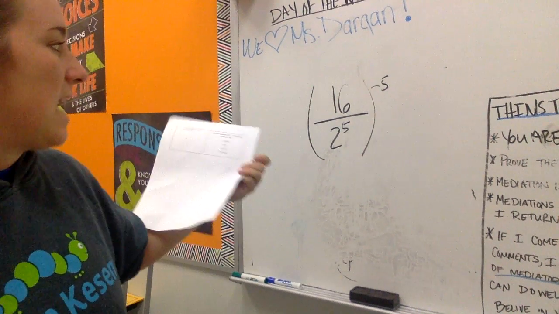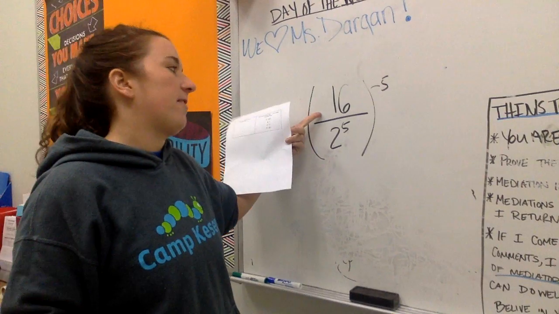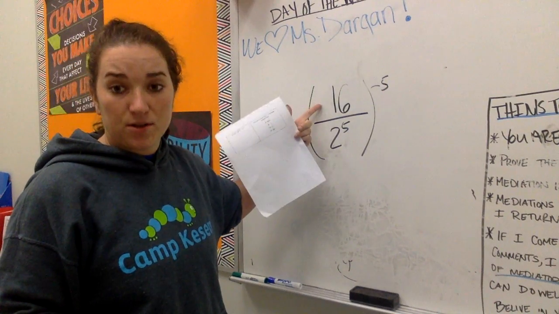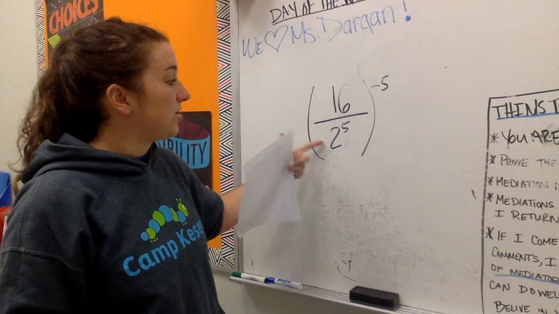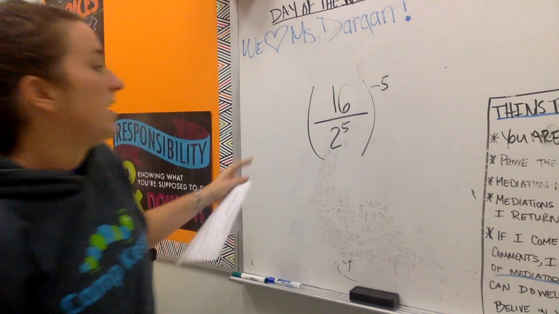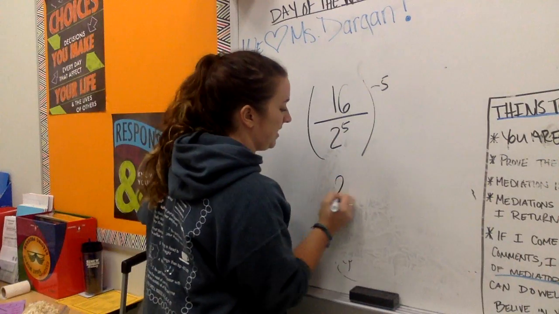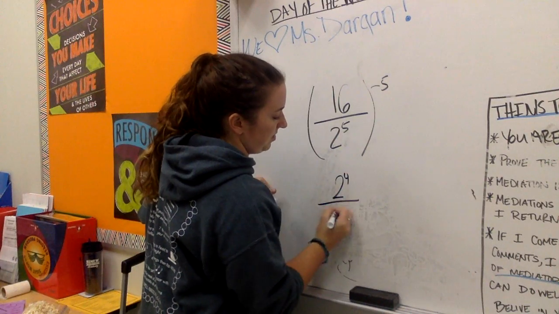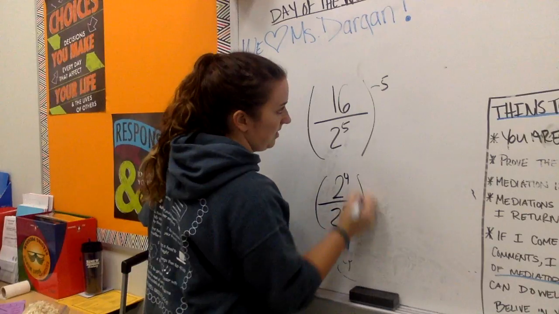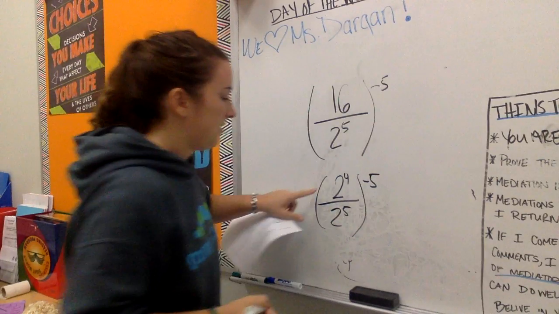All right, for this last one, we are writing this in most simplified form. I need to see if there's a way I can manipulate my numerator to have the same base as my denominator. Is there a way to write 16 with a base of 2? Yes, there is. 16 can be written as 2 to the 4th power. Now again, I subtract.